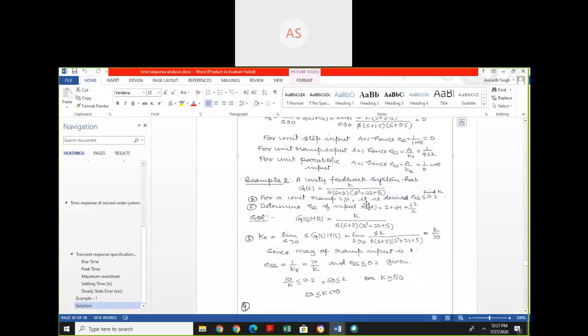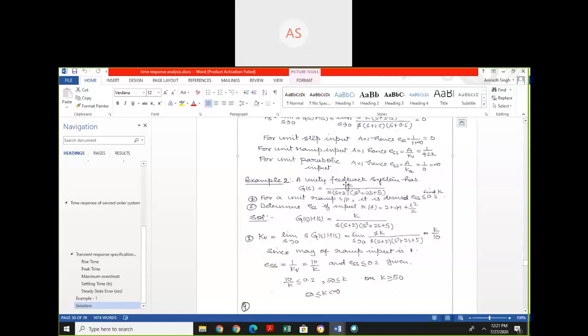Here R(t) does not mean ramp signal, this is the input signal. This input signal is a combination of step input, ramp input, and parabolic input.